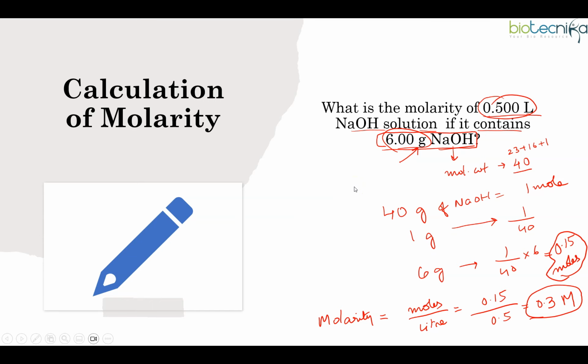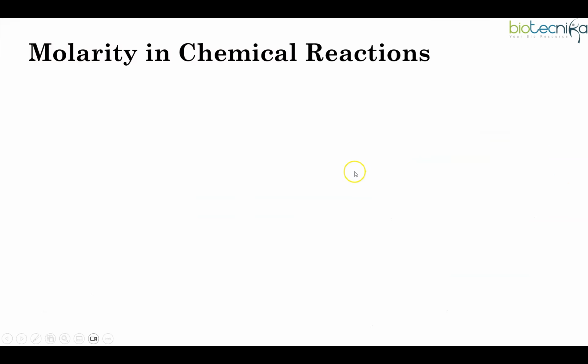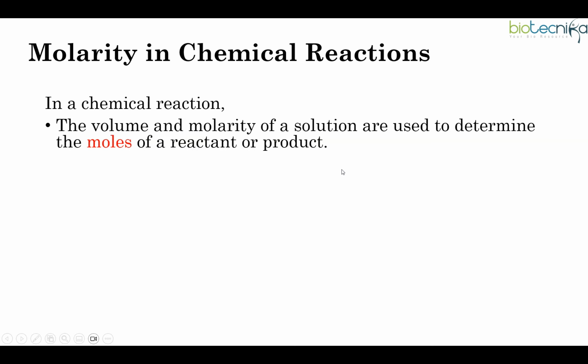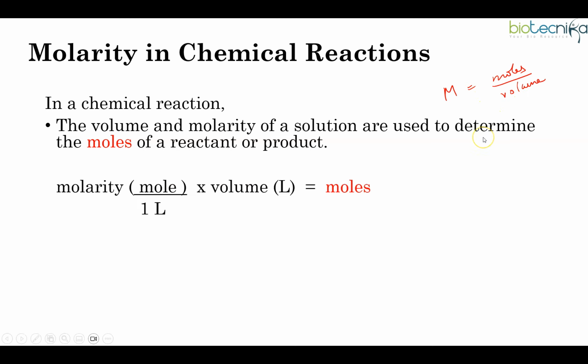So whenever in biochemistry you are solving any enzyme based questions, pH buffer related questions, or thermodynamics, for everything never use grams, you are always supposed to find out the molarity. Molarity in chemical reactions: you can use the formula to find out anything, because molarity is equal to moles per liter, that means moles by the volume. If any two of these components are given, you can find the other one.